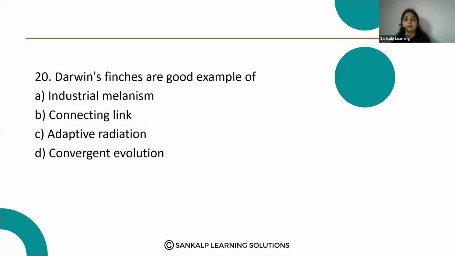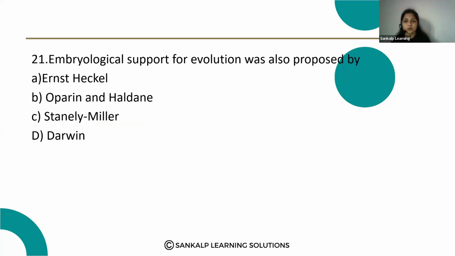Next question. Embryological support for evolution was also proposed by Ernest Haeckel, Oparin and Haldane, Stanley Miller, or Darwin. Oparin and Haldane, and Stanley Miller's experiments relate to chemical evolution. The experimental proof for chemical evolution and the theory of chemical evolution were given by Oparin and Haldane.